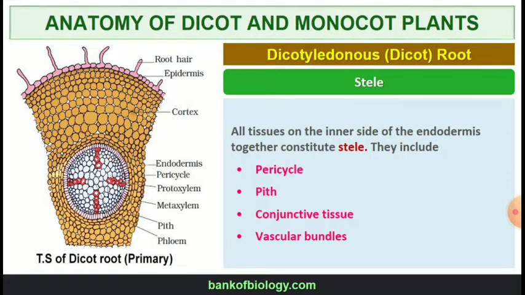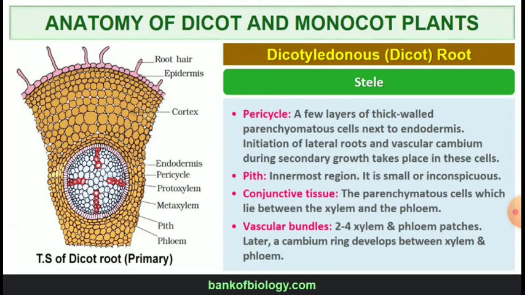Stele consists of pericycle, pith, conjunctive tissue and vascular bundles. Pericycle: a few layers of thick-walled parenchymatous cells next to the endodermis are called the pericycle.